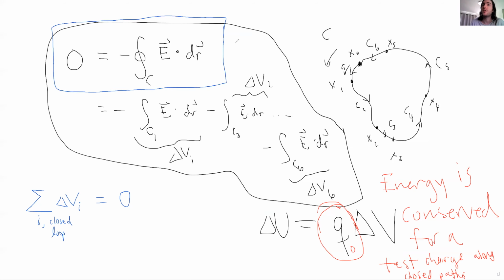If we have moving charges, we also have magnetic fields, which we haven't really gotten to yet, and it's not coming for several chapters. But this statement of this thing being equal to zero will no longer be equal to zero when we have magnetic fields involved. And so in general, this statement is only true for electrostatics.